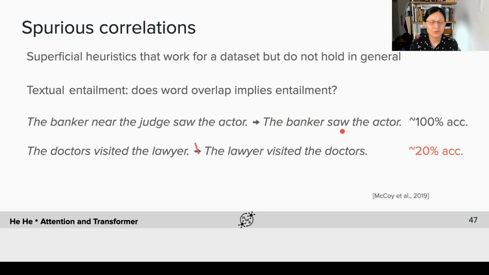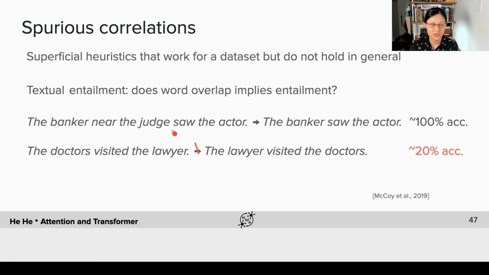Now, ideally, we would like the model to make some logical reasoning by understanding the two sentences. But a heuristic that works here is to just check the word overlap between the premise and the hypothesis. If there's high word overlap, then it's highly likely that it's an entailment relation. Now, obviously, this heuristic doesn't always work. You can easily come up with counterexamples, such as "the doctor visited the lawyer" and "the lawyer visited the doctor."